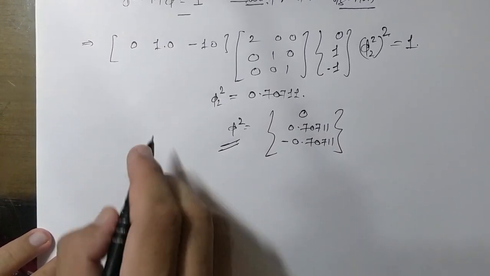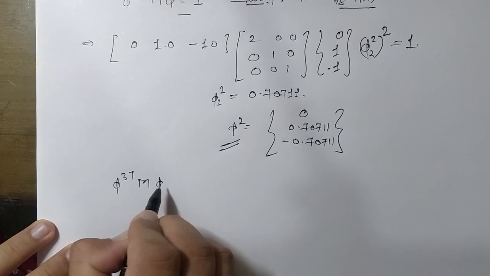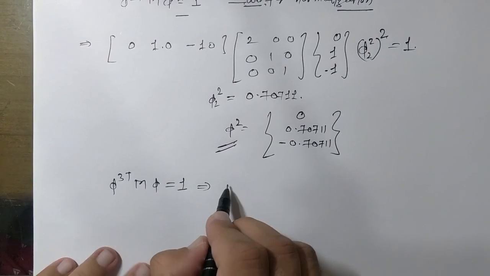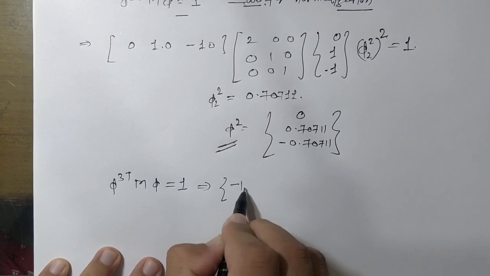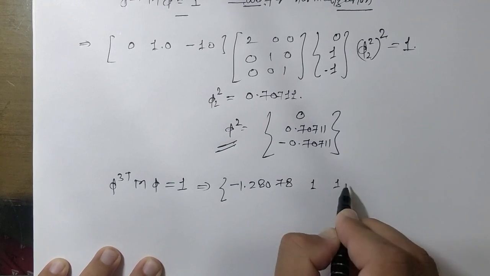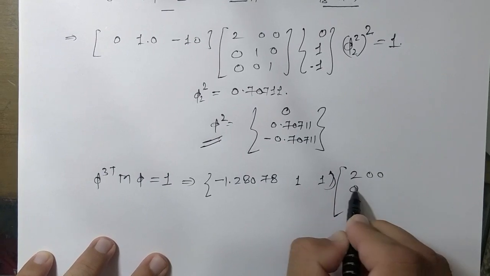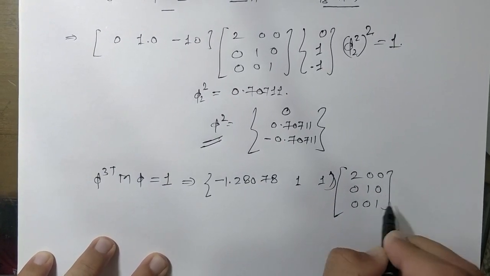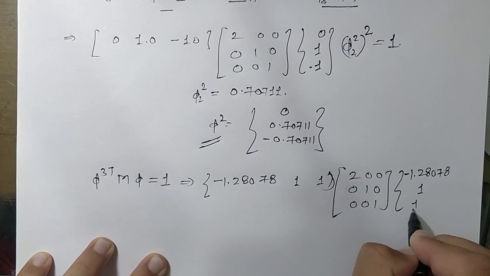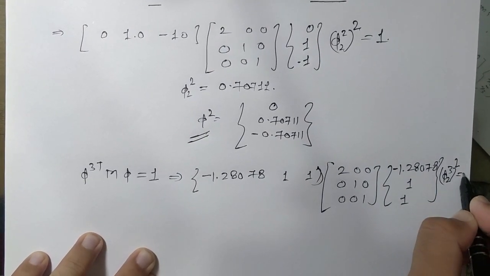Similarly, we can normalize the third mode shape. For that, we'll write the normalization condition, and if we put the value, the transpose of the third is minus 1.280781 1 and the mass matrix is 2 0 0, 0 1 0, 0 0 1, and this is minus 1.280781 1 1 and this is phi 2 3 square is equal to 1.